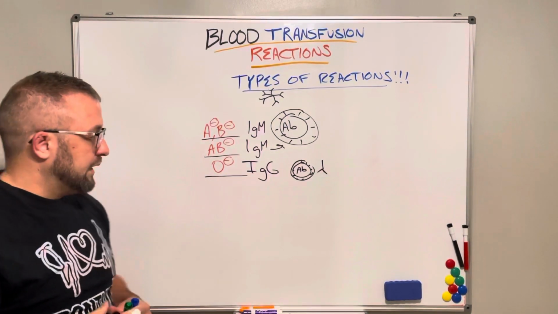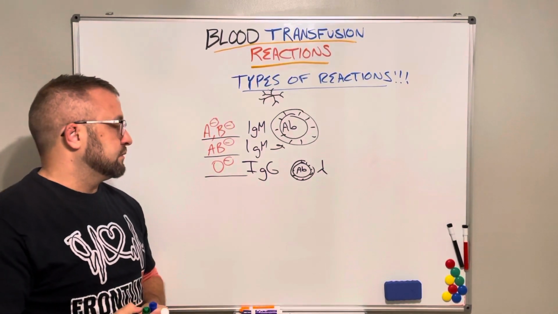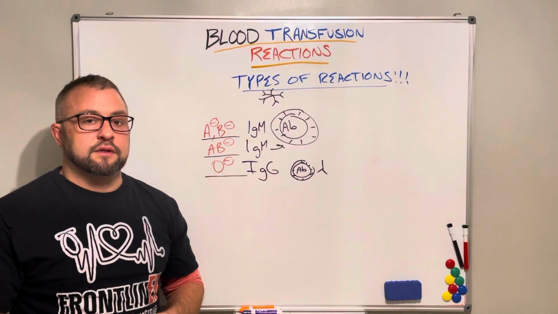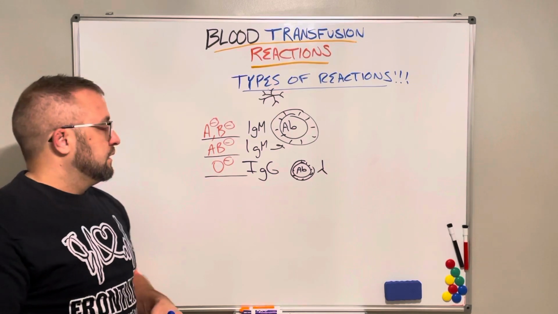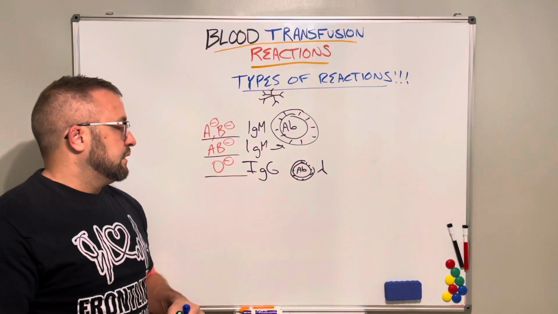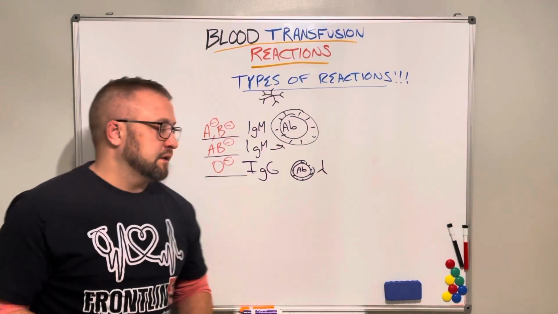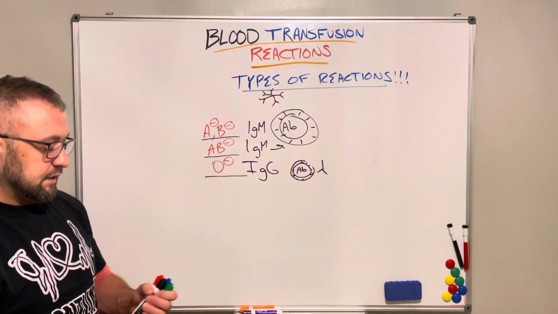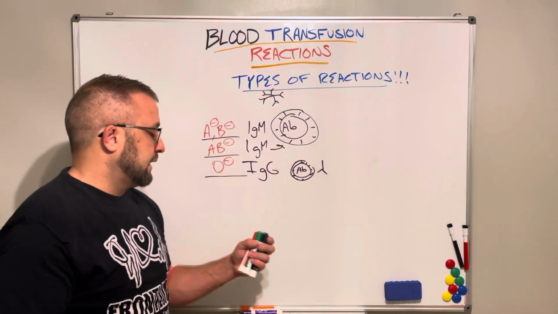So these smaller antibodies obviously could have an easier time passing into fetal circulation, and that's where we can get problems with the baby getting hemolytic anemia while in the womb, as the mother's antibodies can start attacking the fetal blood, causing that blood to break open, lyse, and causing a hemolytic anemia there.